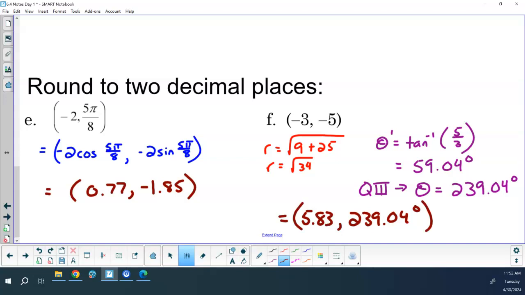If you would have left it as a square root of 34, I would have been okay with that too. Okay? Good? Love it.